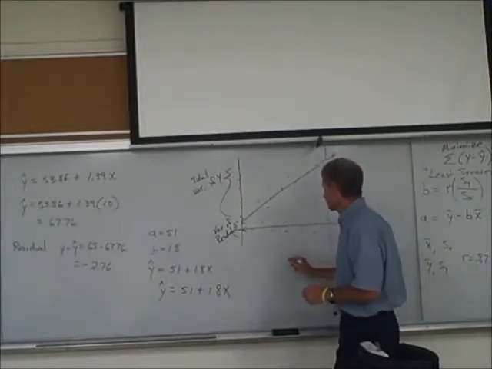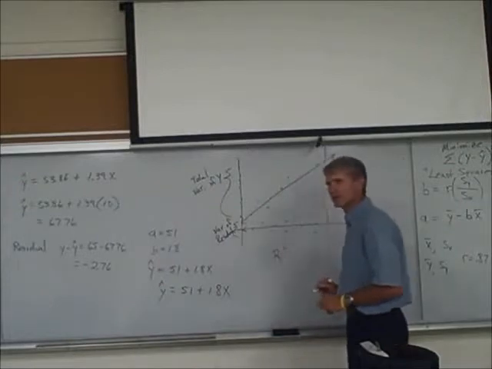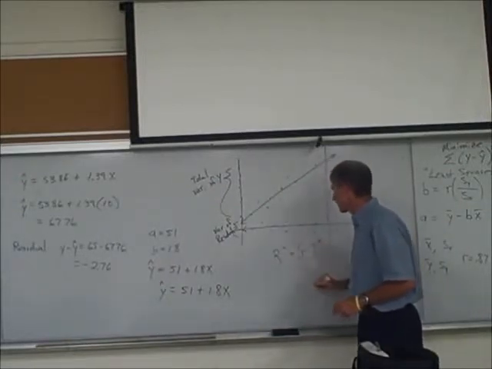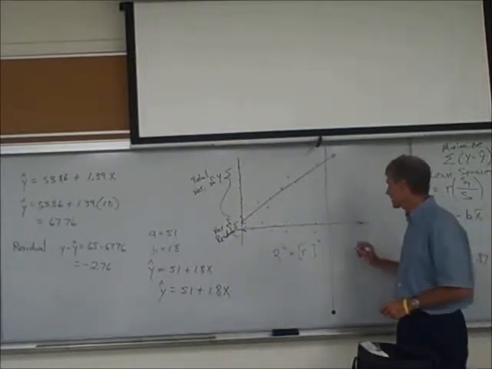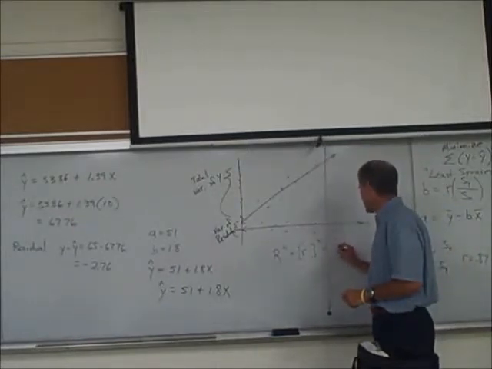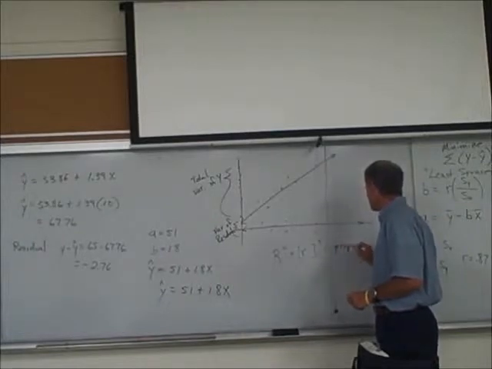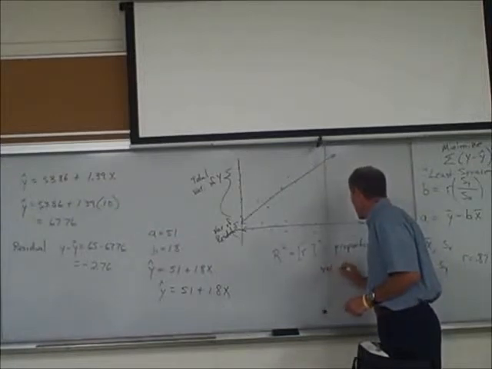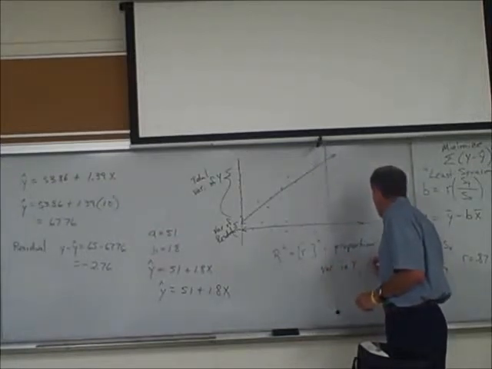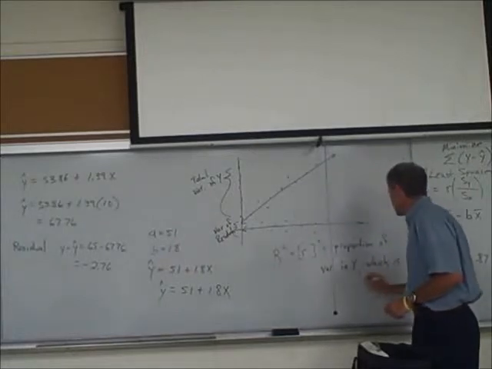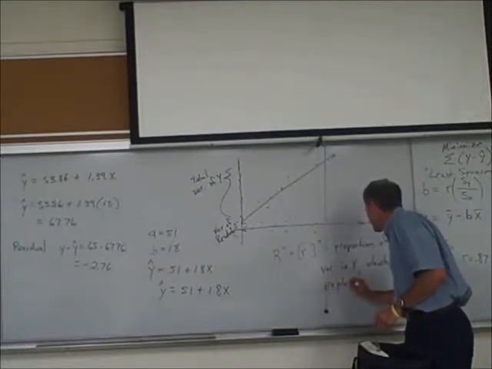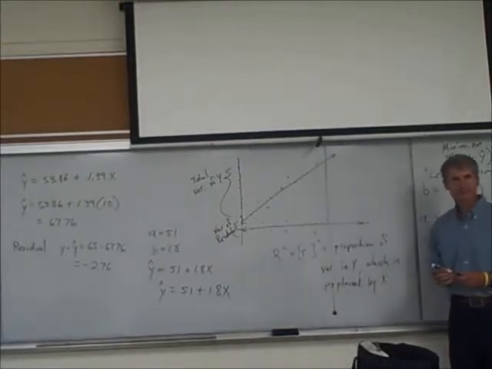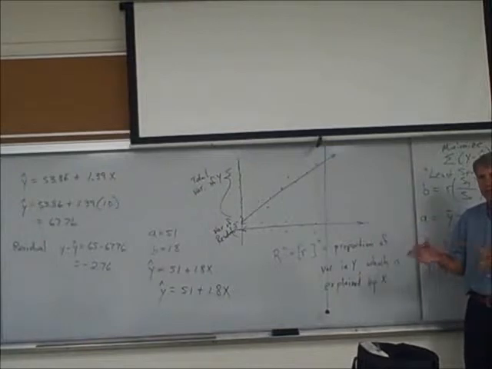Well, it turns out that the statistic r squared, which is just the square of r, the correlation coefficient, r squared is the proportion of variability in y which is explained by x, the x variable, or by the linear relationship with x.